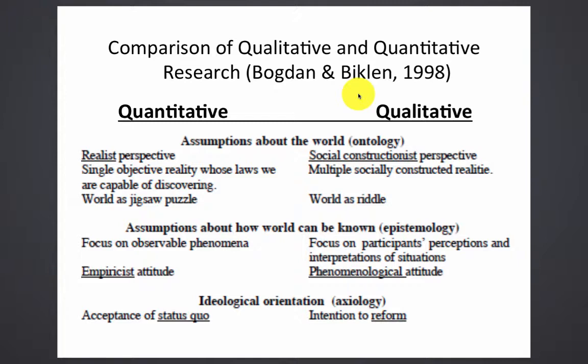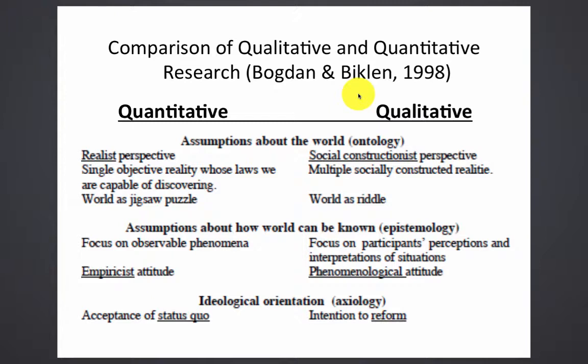Both Charla and I advocate a very pragmatic approach to research methods, and that is to say that whatever your research question is should dictate the methods that you use. And so while these categories that I'm about to go through tend to emerge and are almost like the stereotypes associated with each of these methodologies, there are deviations from these extremes.